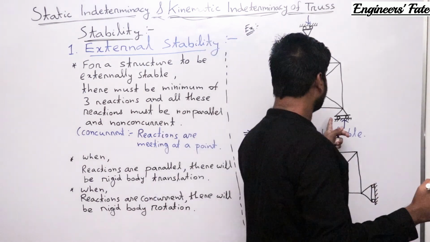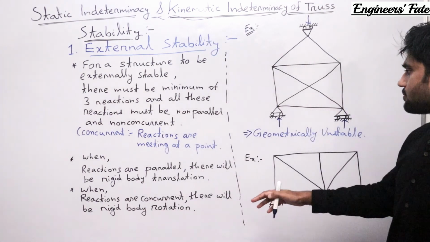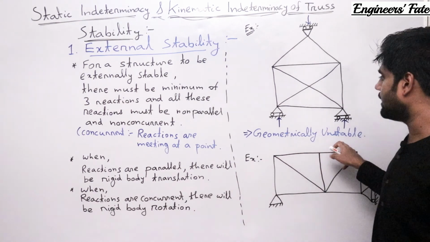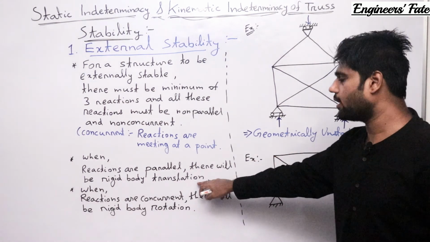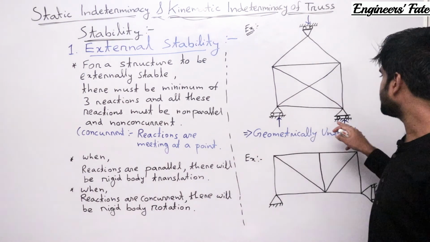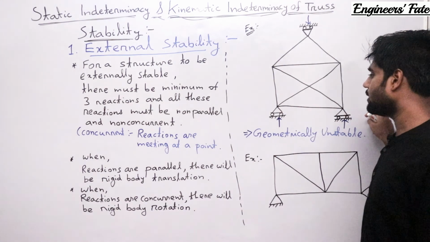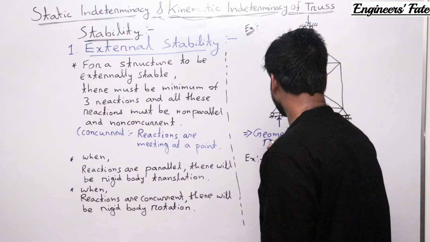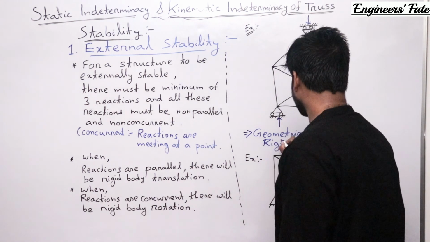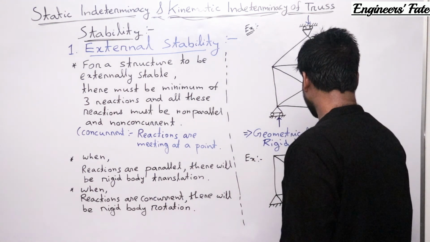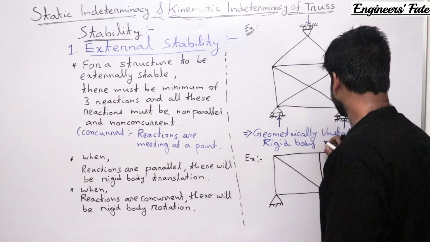What will happen if reactions are parallel? There will be rigid body translation. So this is a geometrically unstable structure.